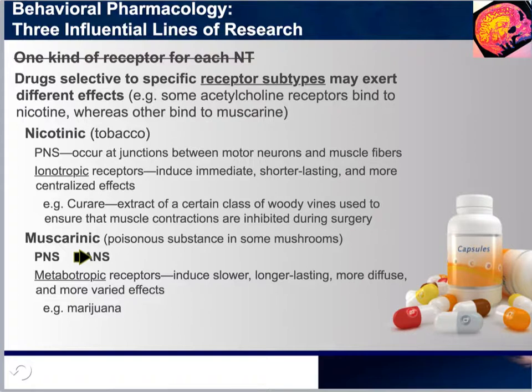Now please note that in the PNS, nicotinic receptors occur at junctions between motor neurons and muscle fibers. And we find that these make use of what we call ionotropic receptors. Ionotropic receptors basically induce immediate, shorter lasting, and more centralized effects. And the perfect example of that would be curare.